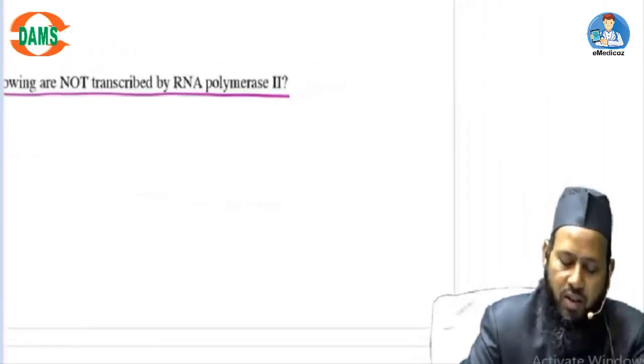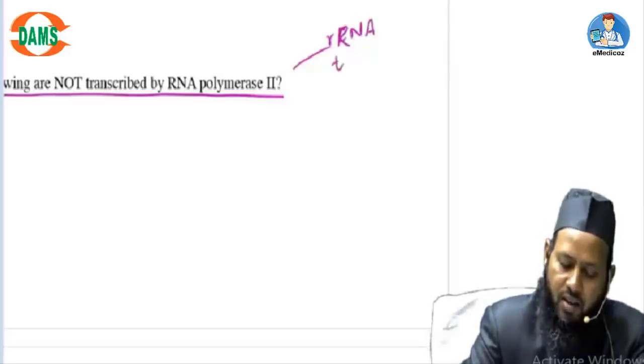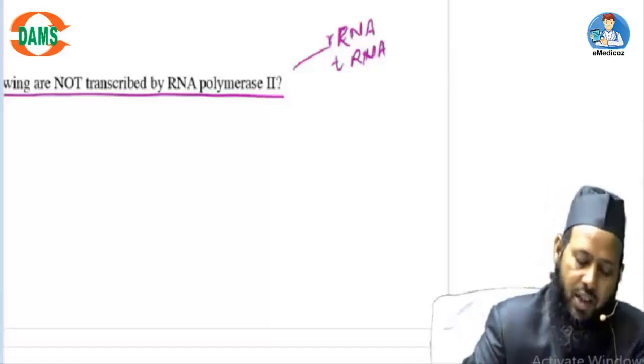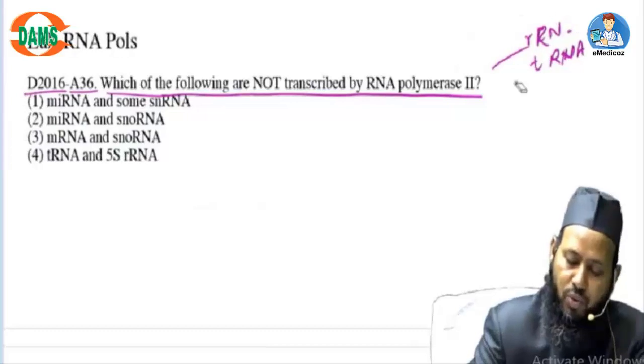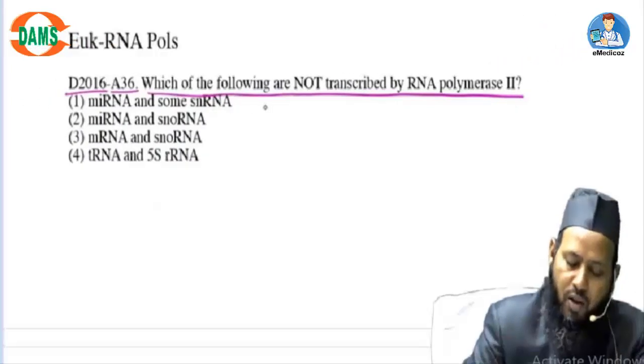Remember, what is not transcribed by RNA polymerase 2 is ribosomal RNA and tRNA. These two RNAs are not transcribed by RNA polymerase 2, and the rest are.